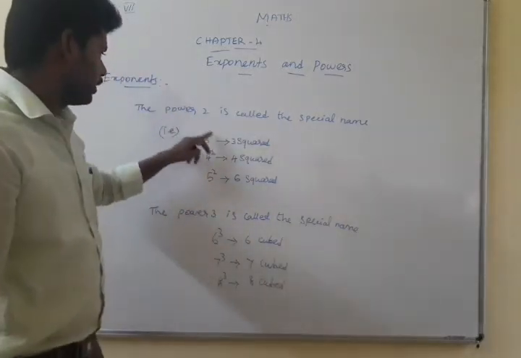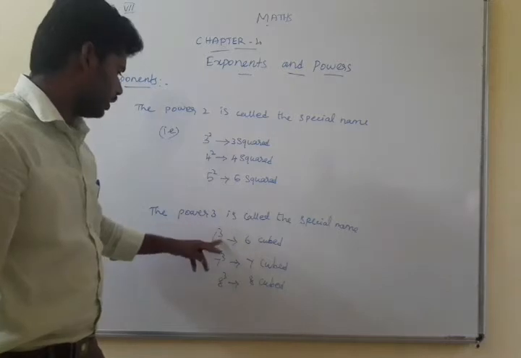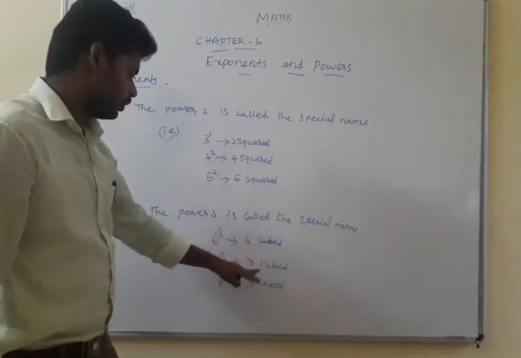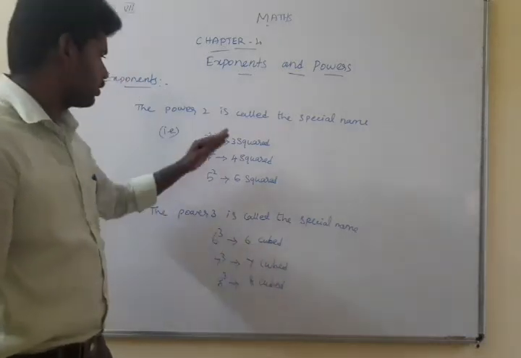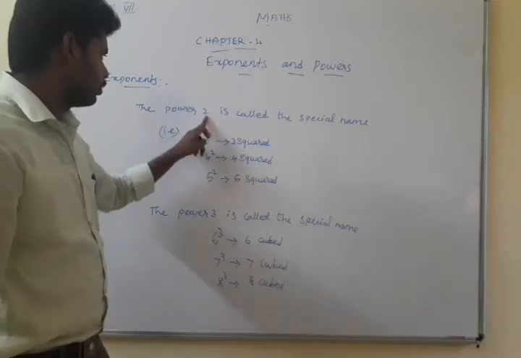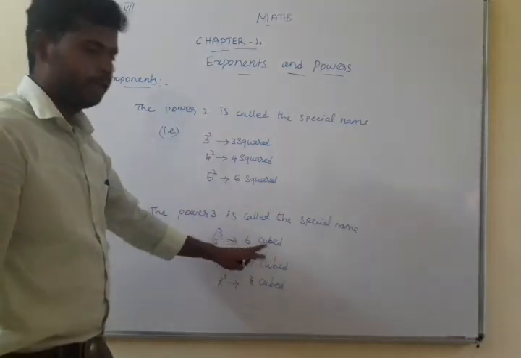So power 2 is square, and power 3 is cubed. Square means 2, cubed means 3.